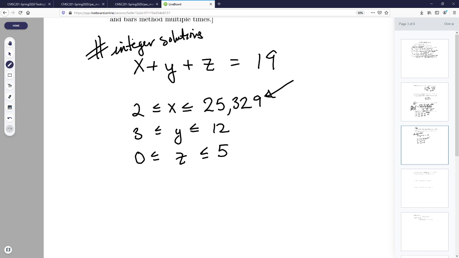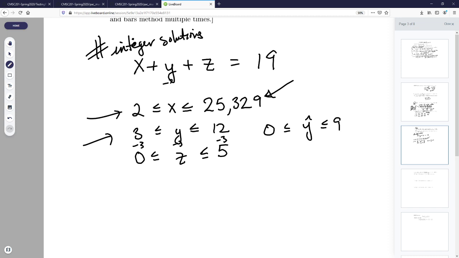Well, the first thing is we dot our e's like this. And then the second thing is we first have to deal with these lower bounds. So what we can do is subtract off 3 from all sides, and then we get 0 is less than or equal to y hat is less than or equal to 9.